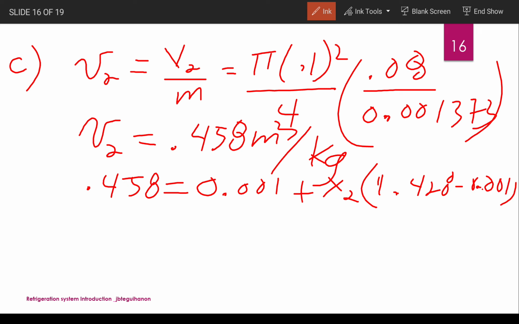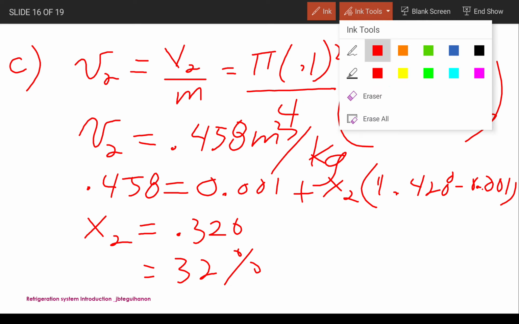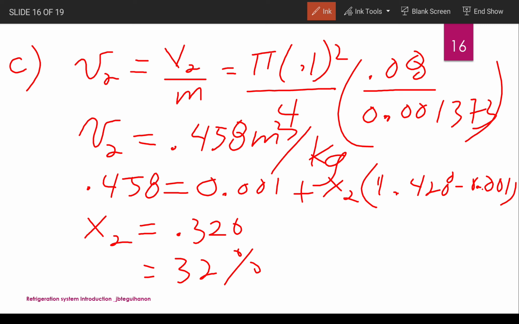Then you have x2 is equal to 0.320, or that's going to be equal to 32%. Okay, that's the answer.